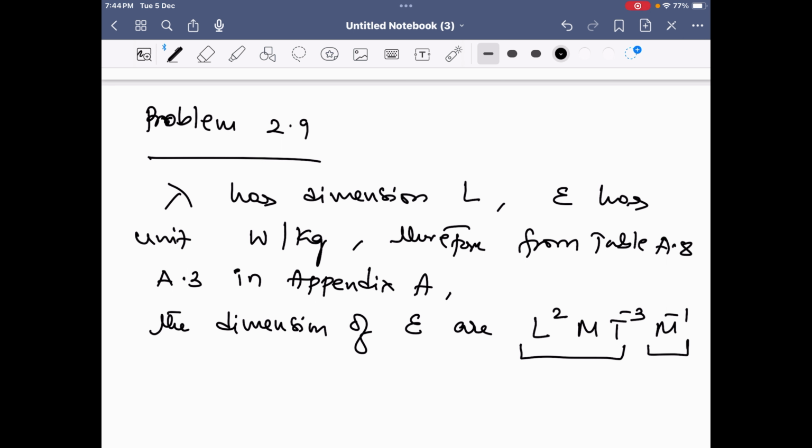So watt per kg, if you simplify, the dimension becomes L square t to the power of minus 3. So you can see that epsilon becomes L square t power minus 3.